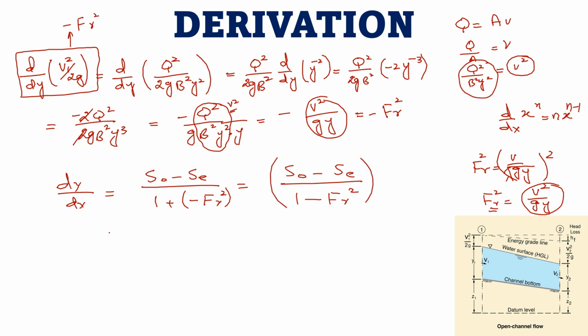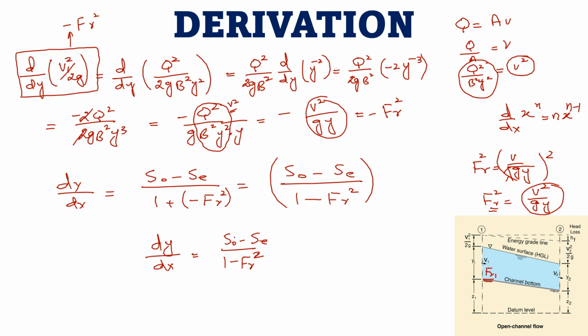So this is basically the differential equation for the determination of water surface elevation for a gradually varied flow. So finally, it becomes dy by dx equal to S naught minus Se over 1 minus Fr square. So Fr is basically the mean Froude number at section 1.